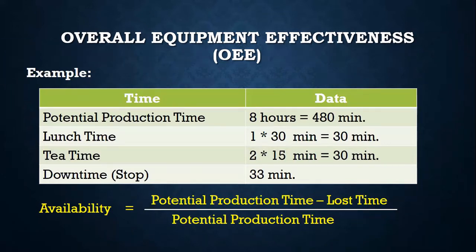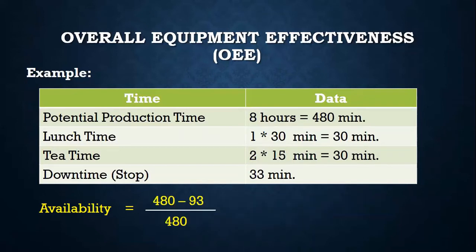Actual time to operate is the difference between potential production time and lost time. In this case, 93 minutes of time was lost in lunch, tea and downtime from 480 minutes of potential production time. This results in availability of 80.6%.